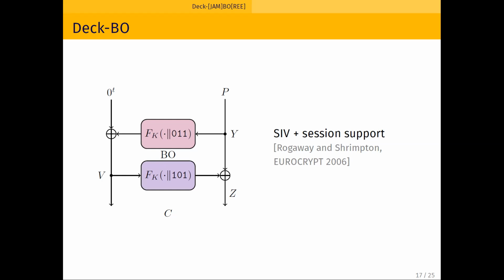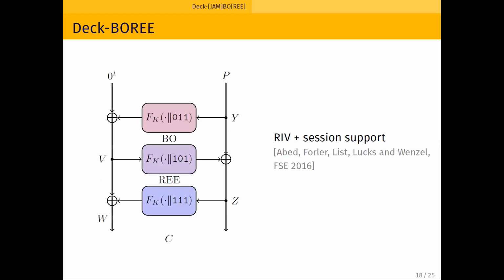So to avoid this attack, we just add 1 round, so the re round, we get DEC Bo re. And the last round, what it's going to do is just to blind this tag so that this attack is not working anymore. So keystream harvesting is not possible anymore, and you might have recognized the RIV mode, but so DEC Bo re is essentially RIV mode plus session support.